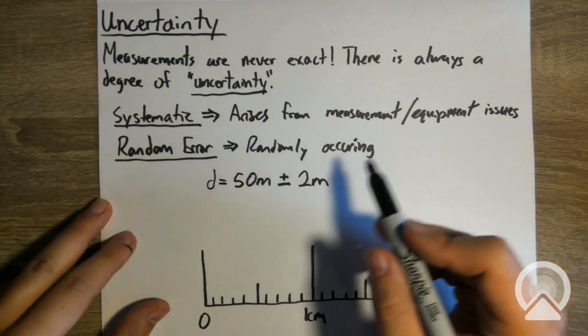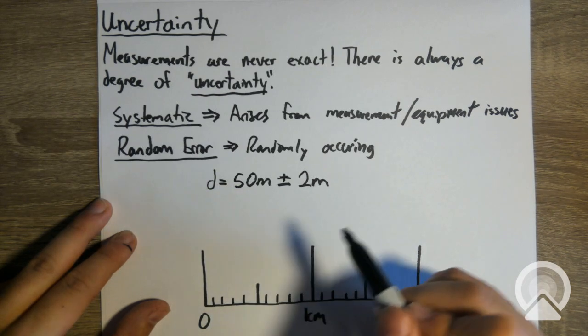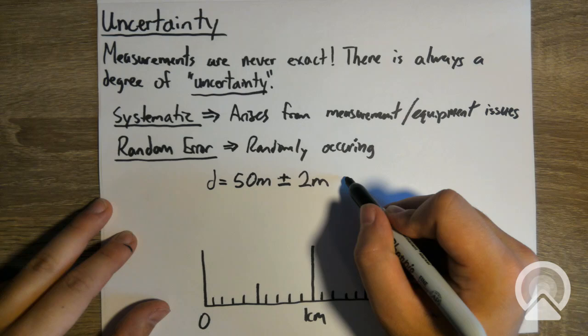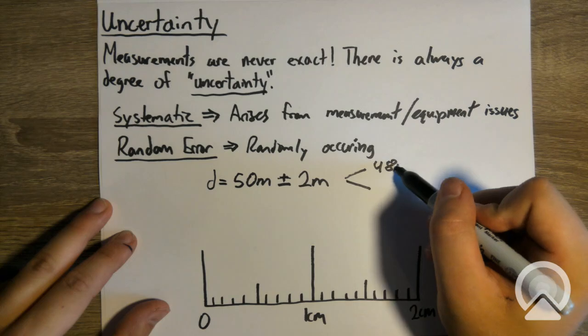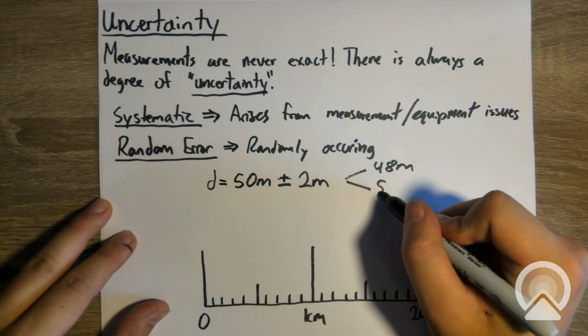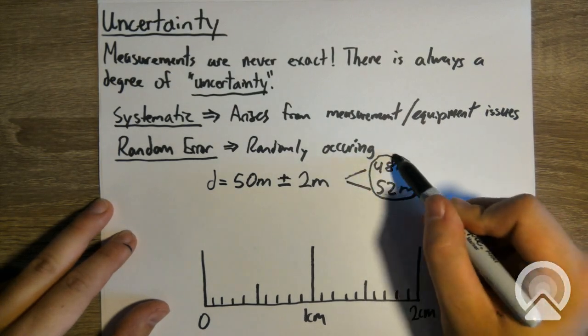So what this is saying is, we add this plus or minus to say we're uncertain within plus or minus 2 meters. And what this is really saying is, if you subtract 2 from the 50 and add 2 to the 50 meters, you get this range.